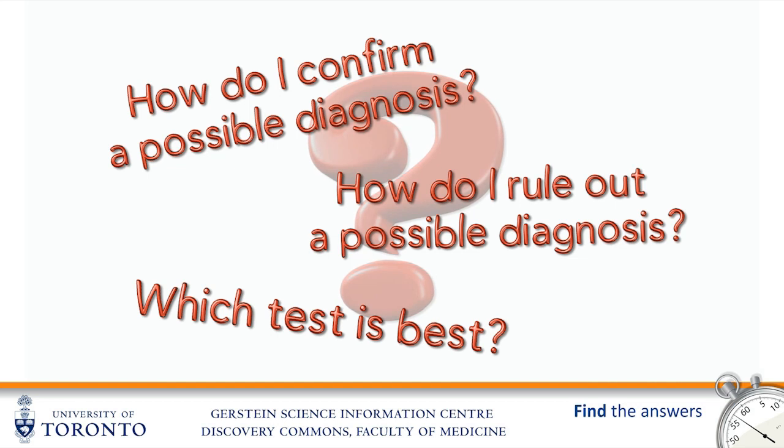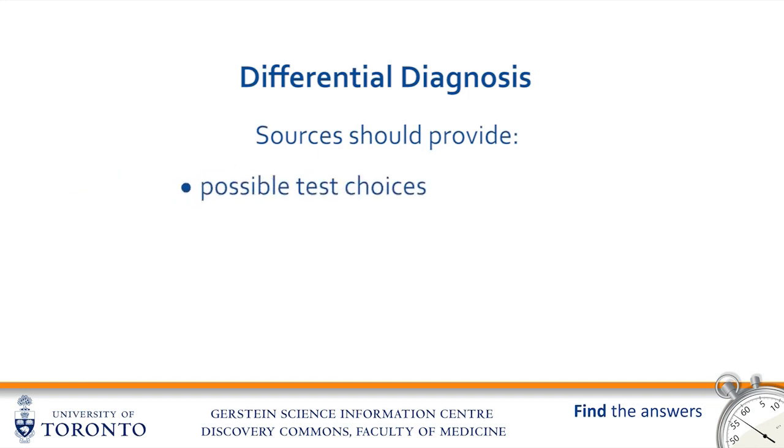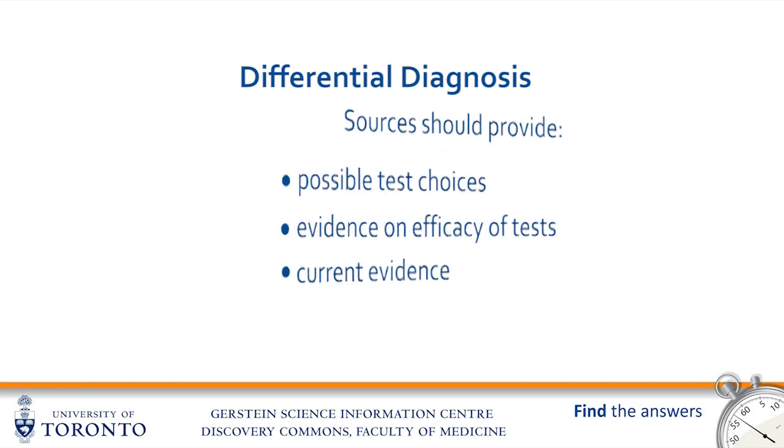In finding a good information tool for differential diagnosis, we want to identify sources that provide not only the possible test choices, but also a quick overview of the evidence on the efficacy of tests and diagnostic instruments. It's at the stage of differential diagnosis where the need for current evidence becomes more important.